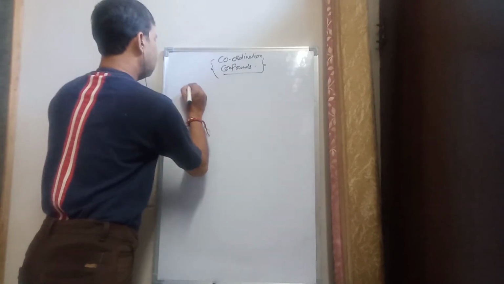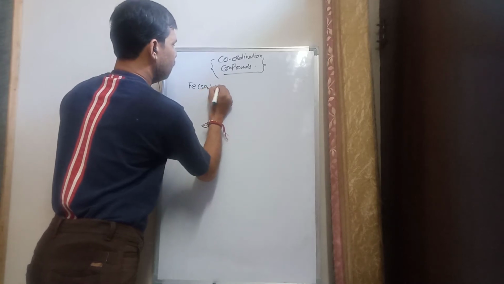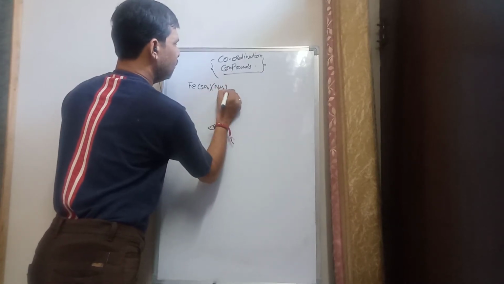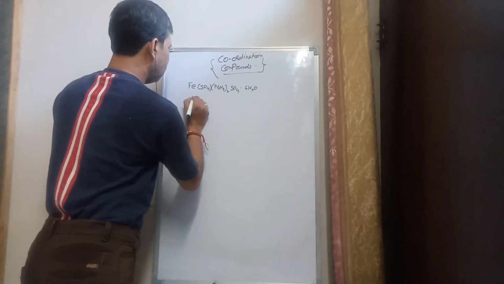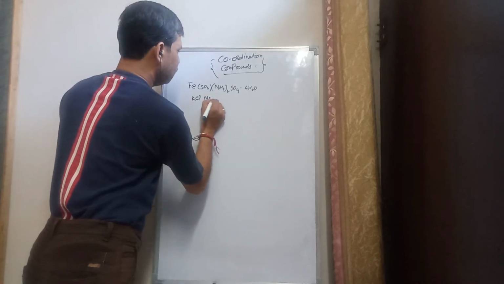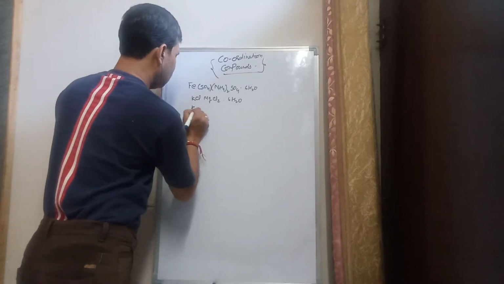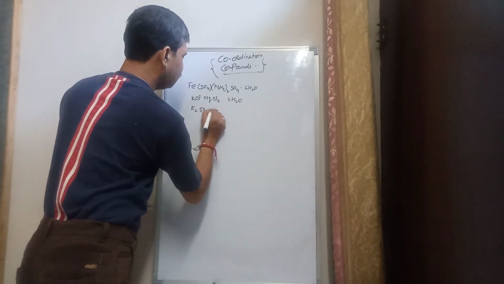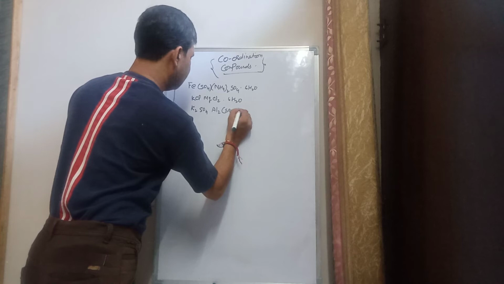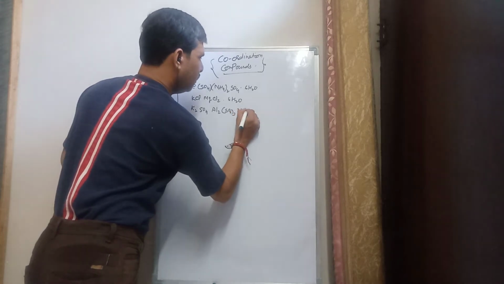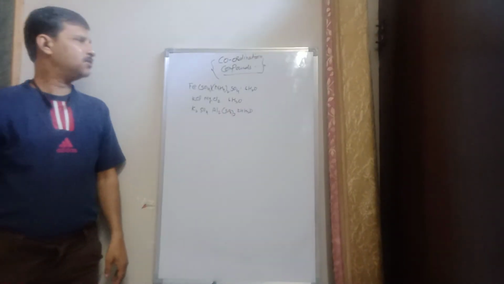For example, we have Mohr's salt, FeSO4.(NH4)2SO4.6H2O, carnallite, KCl.MgCl2.6H2O, and potash alum, K2SO4.Al2(SO4)3.24H2O.